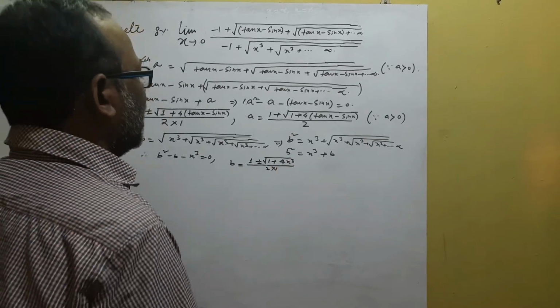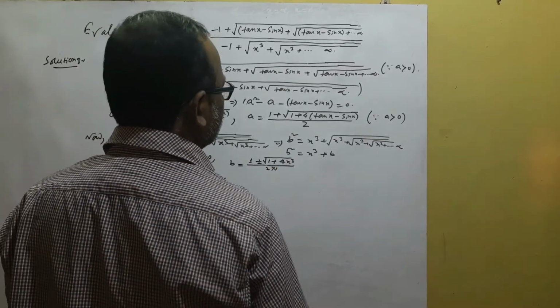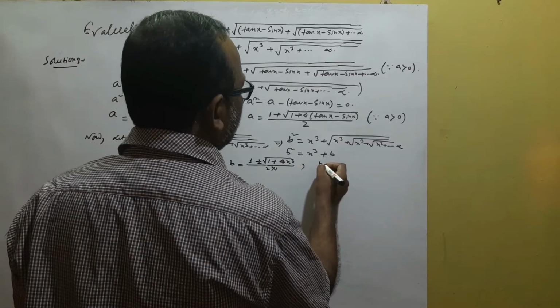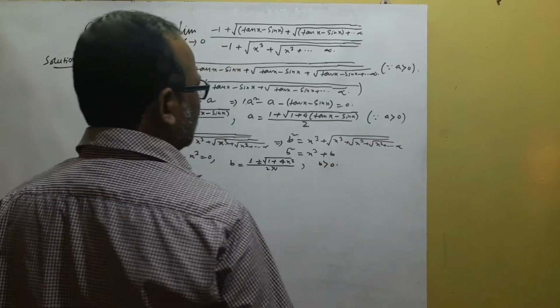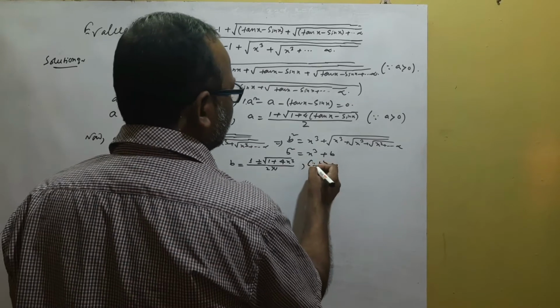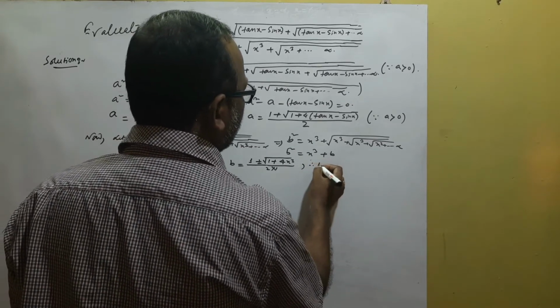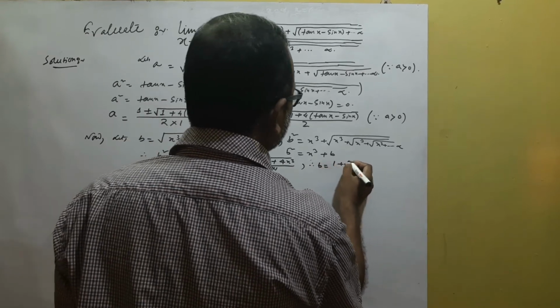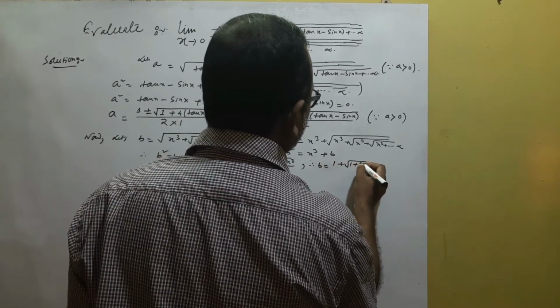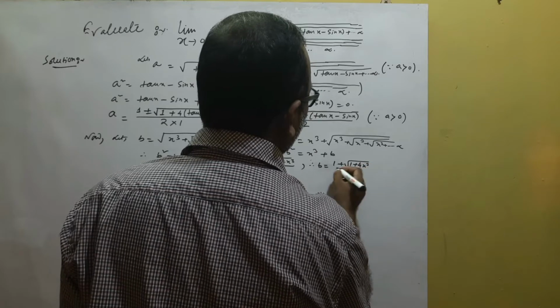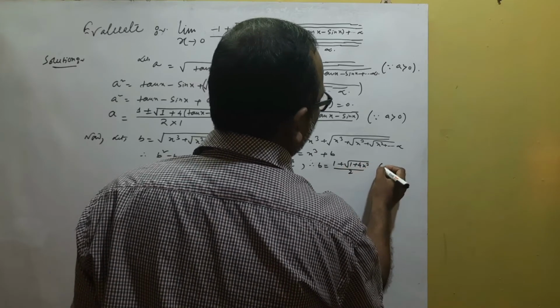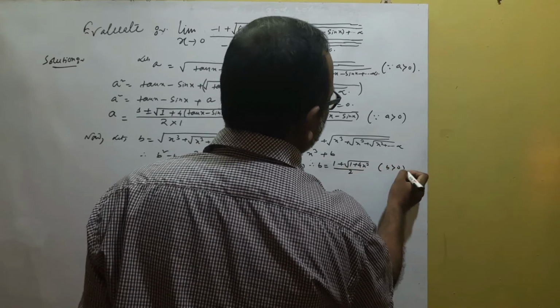Again, I want to say something: here b is also positive. Since b is also positive, we take the sign positive only. Therefore, b is equal to 1 plus under root of 1 plus 4x cube, whole divided by 2, taking b more than 0.